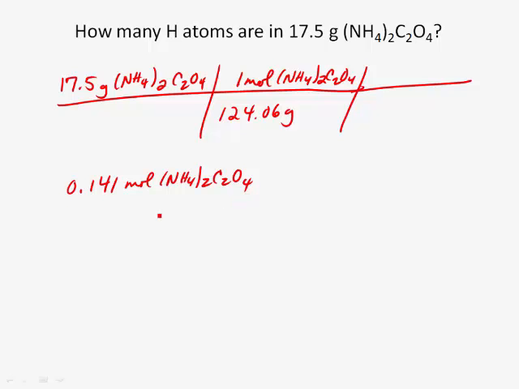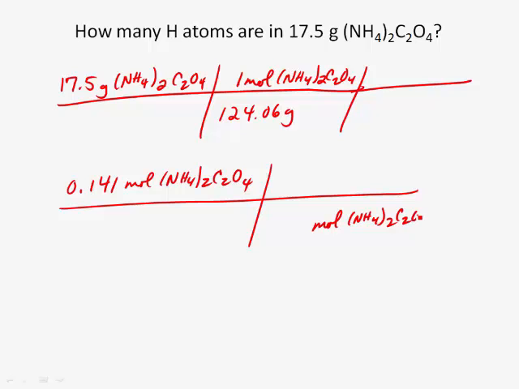And then, where do I go? Well, to get from moles of this to moles of hydrogen, because that's what I'm interested in here, for every 1 mole of the whole thing, how many hydrogen moles do I have? According to that formula, I have 8. If I stop there, I would have moles of hydrogen atoms, but the question was asking for hydrogen atoms total.